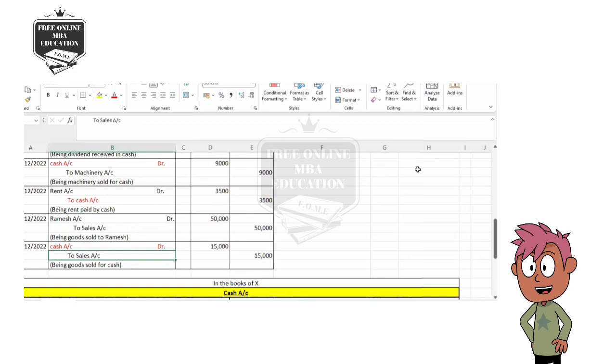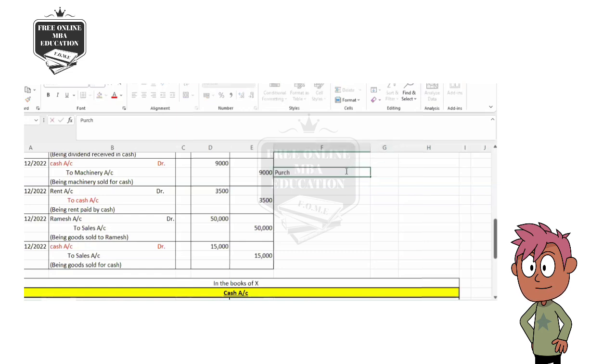Some logics I would give you, that's a thumb rule: purchases account will always be on the debit side, because purchase is always going to be our expenditure. So it should always be given on the debit side. Sales account would always be at the credit side, because sales is always going to be our income.